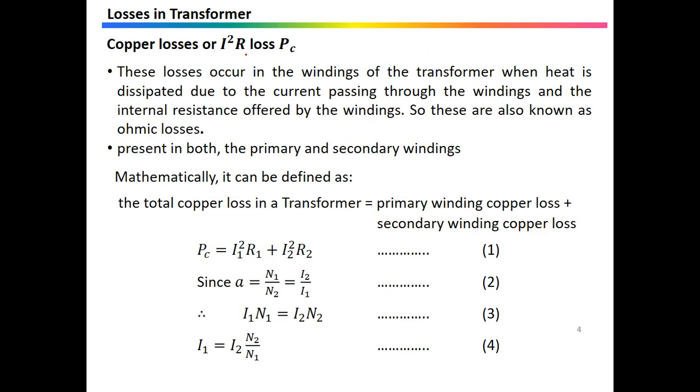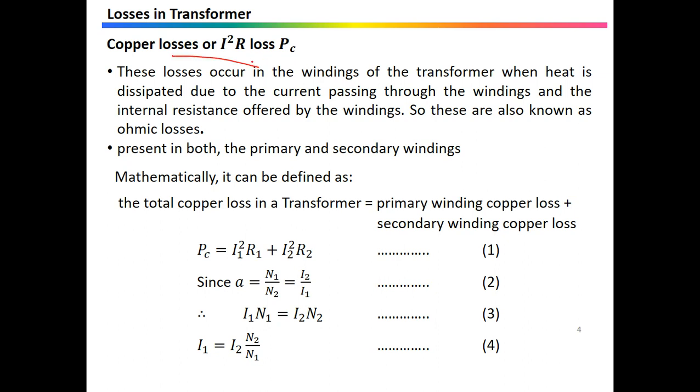About the copper losses or I square R losses: these losses occur in the winding of the transformer when heat is dissipated due to the current passing through the winding and the internal resistance offered by the winding. Whenever current passes through a resistance, it dissipates heat, and that gives us the losses. For this reason, these losses are also known as ohmic losses.